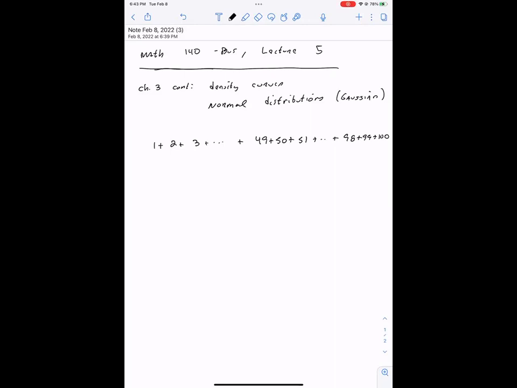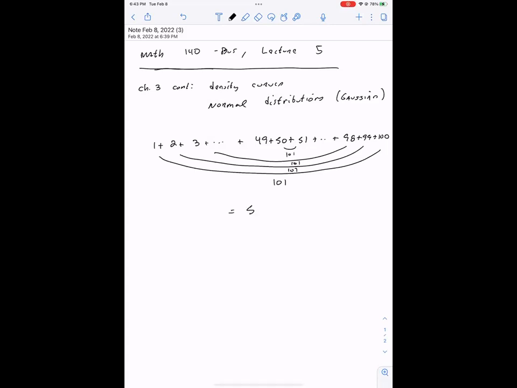And before the teacher sat down, apparently Gauss already had the answer, because Gauss realized that if you add 1 and 100, that just gives you 101, and 2 and 99, that just gives you 101, and 3 and 98, 101, all the way up to 50 and 51, 101.